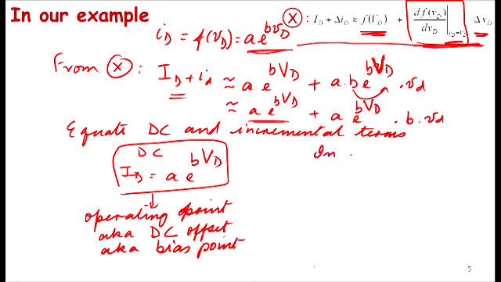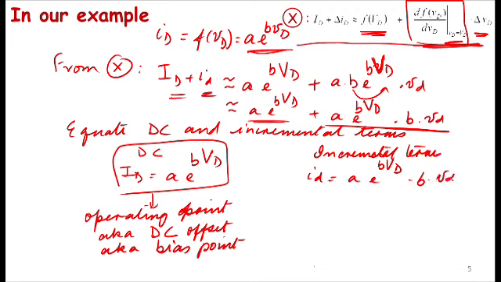Okay, next let me equate incremental terms. So here my incremental term is this part here and this part here. So I get i_d is equal to A e raised to B capital V_D times B v small d. Okay, there I've equated my incremental terms.